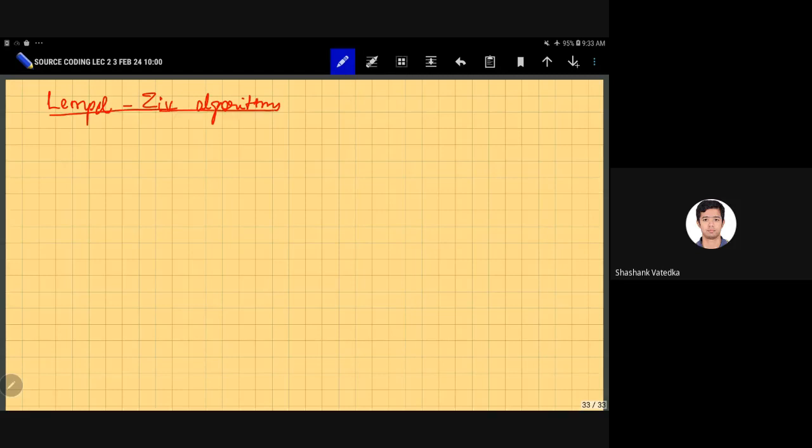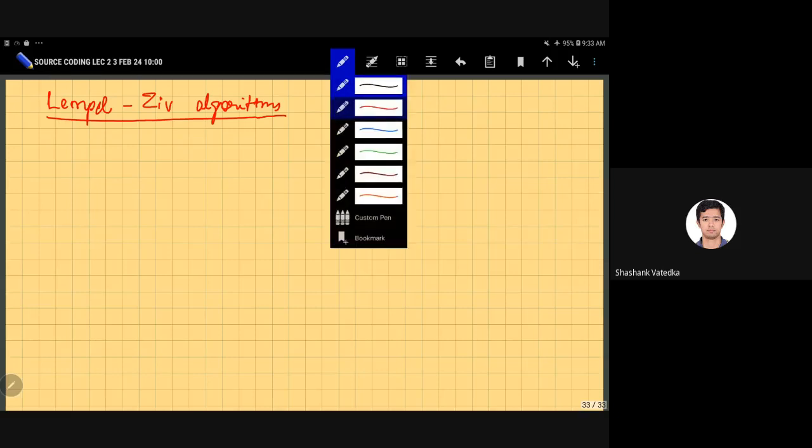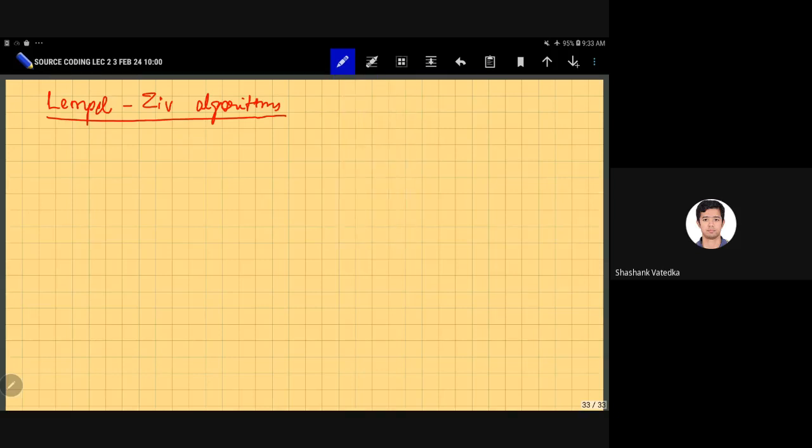Okay, so I'm going to describe a class of algorithms, or two different algorithms, called the Lempel-Ziv algorithms. It's actually two algorithms designed by the same people, Abraham Lempel and Jacob Ziv.